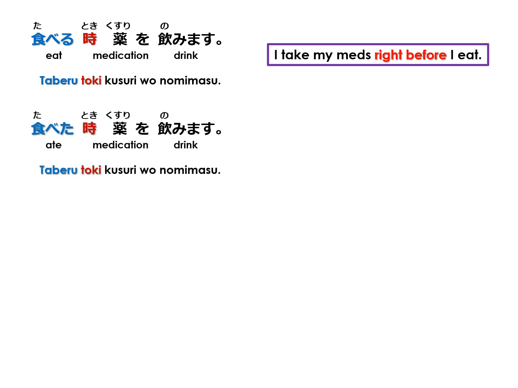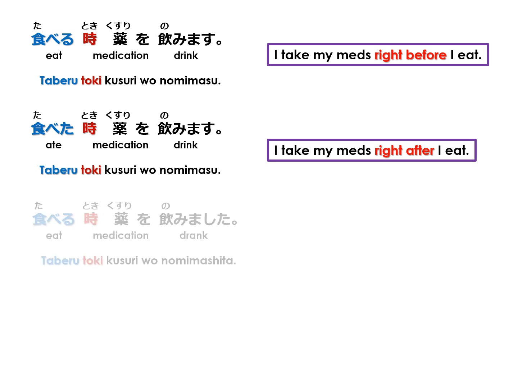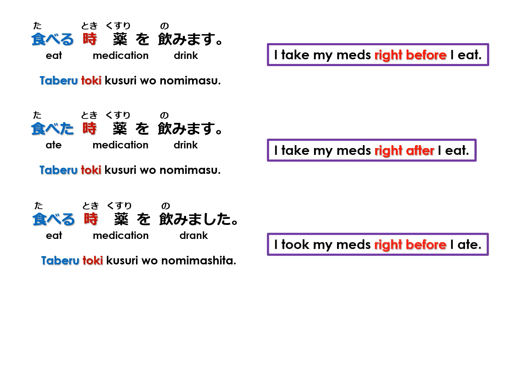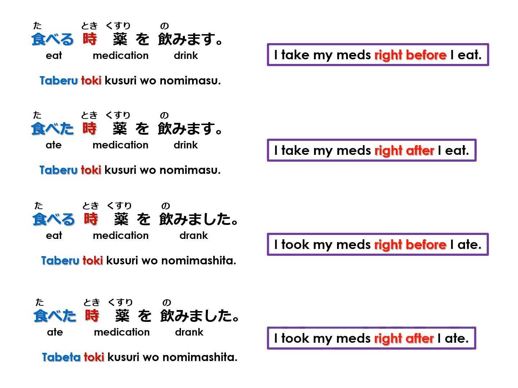Next sentence. 食べた時、薬を飲みます。Translation: I take my meds right after I eat. 食べる時、薬を飲みました。I took my meds right before I ate. And 食べた時、薬を飲みました。I took my meds right after I ate.